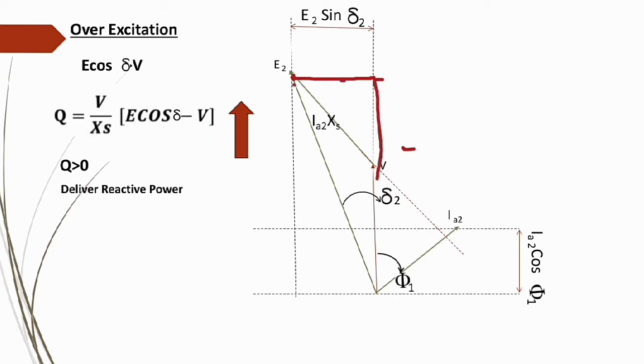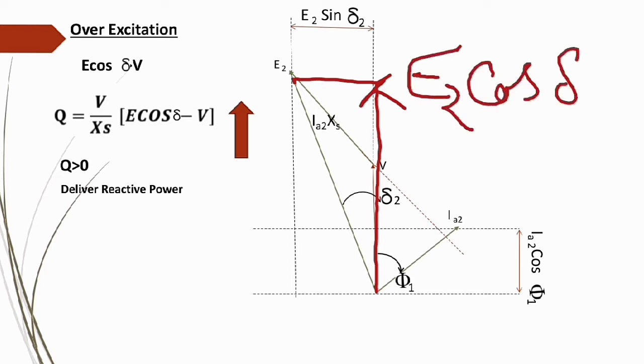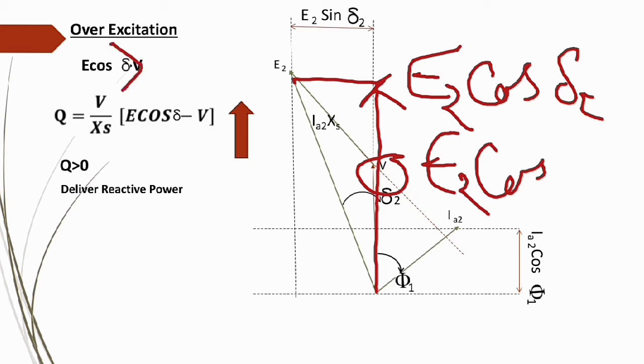This is E2 cos del 2, and this one is greater than V. That's why E2 cos del 2 is greater than V. So through this way we can say it is over excitation actually.